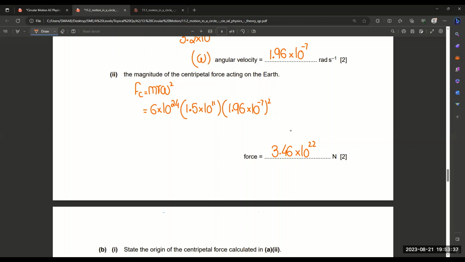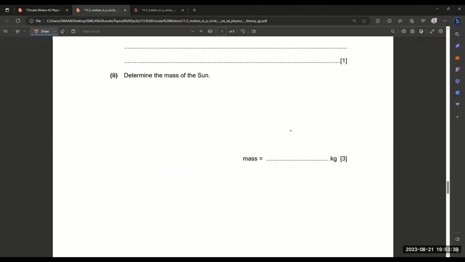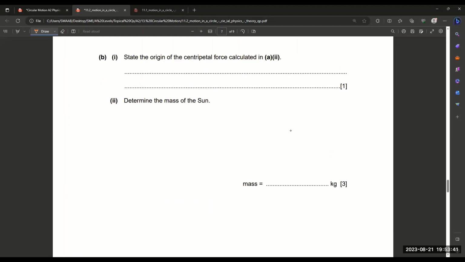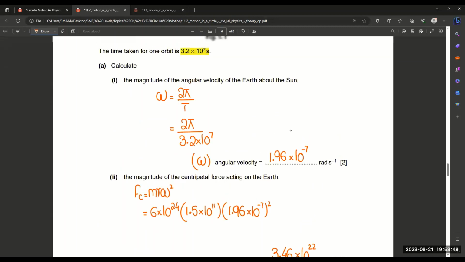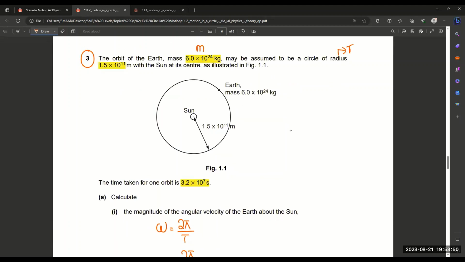And the next is to state the origin of the centripetal force calculated in the second point. So basically we are using the concept of the force of attraction between two planets, right?